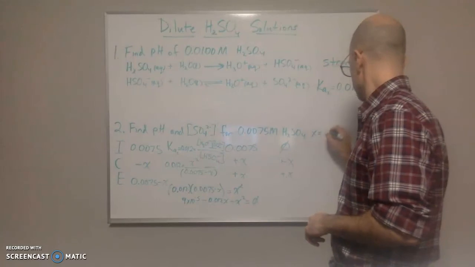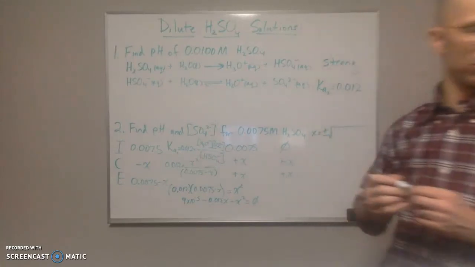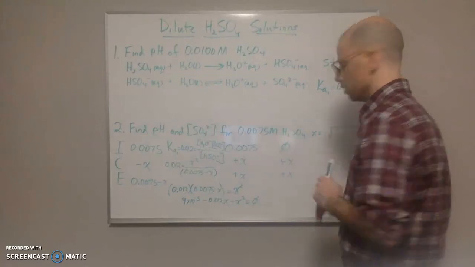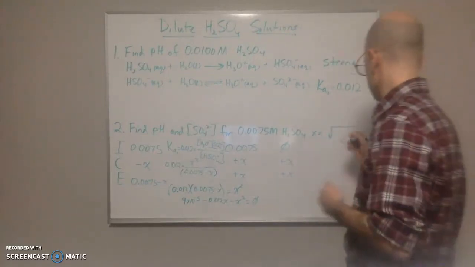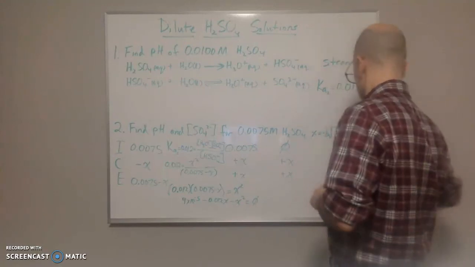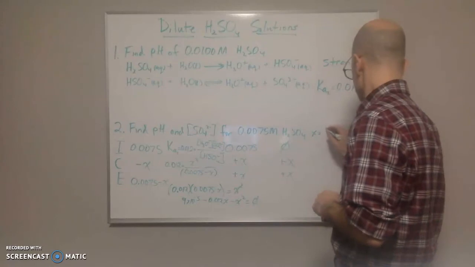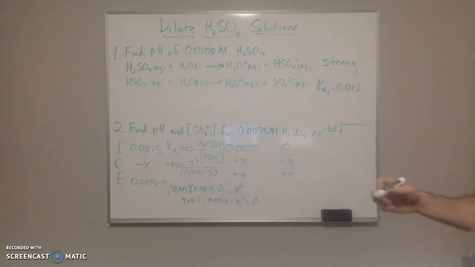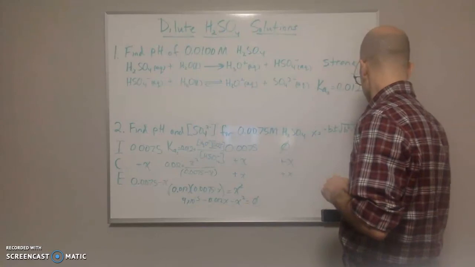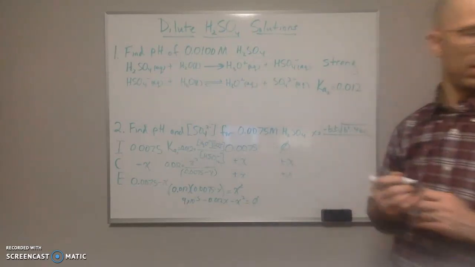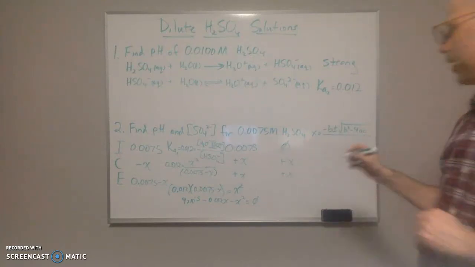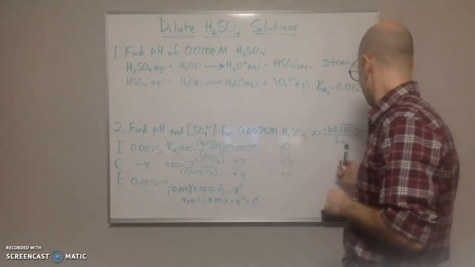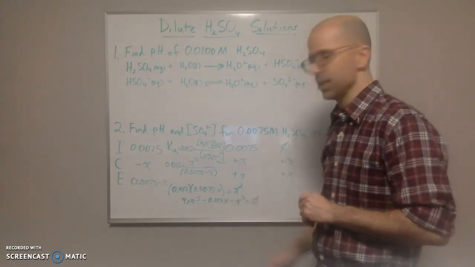X is equal to negative b plus or minus the square root of b squared minus 4ac, all over 2a, where a, b, and c are the coefficients here.